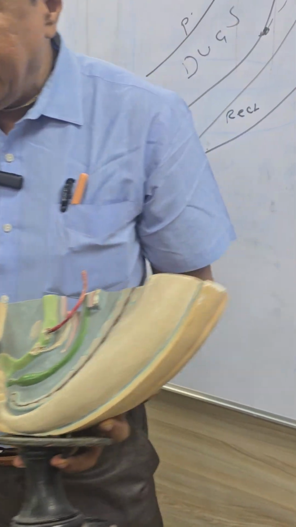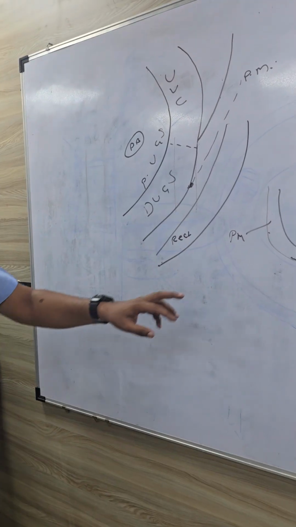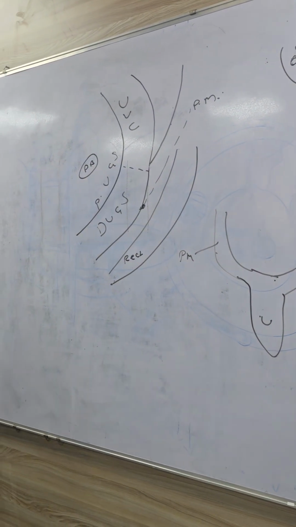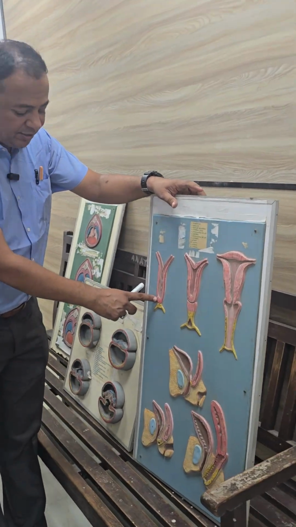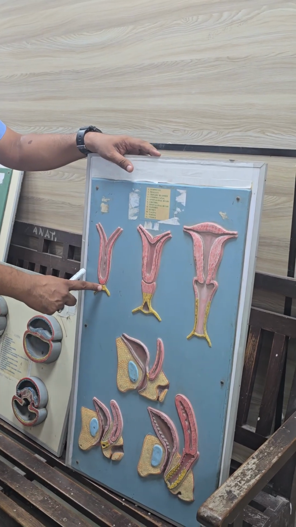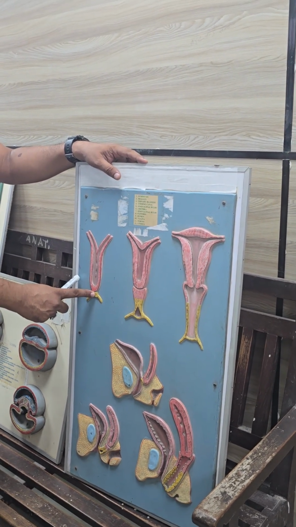Okay, so we said that the uterus is formed by the union of the two paramesonephric ducts. Now this contact point is a point of contact between the uterus, the paramesonephric duct, and the urogenital sinus. So this is the endoderm.